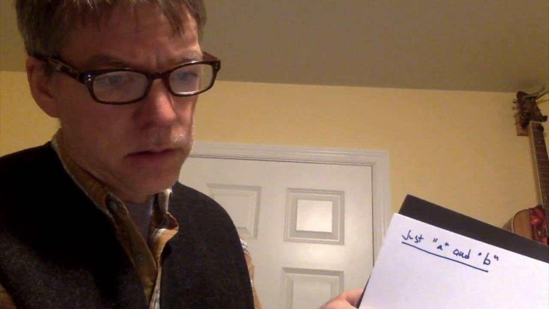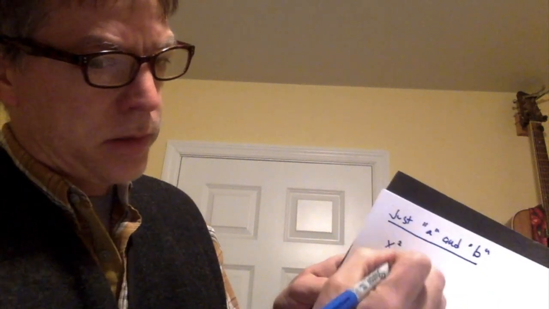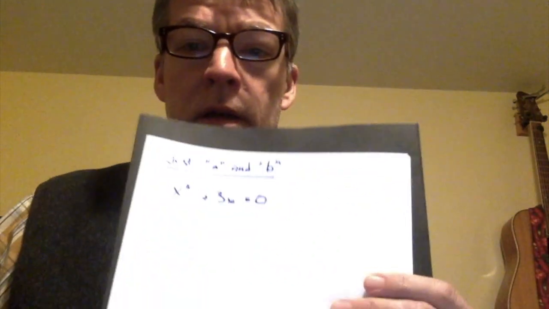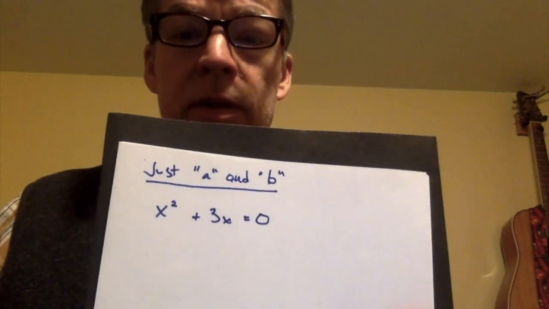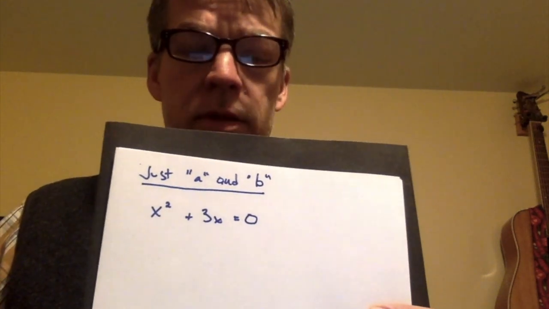So I have that here. So let's say that I have x squared plus 3x equals 0. Okay, pause the video and solve this thing, and I'm going to tell you right now, this is a factor-tractor situation. So go for it.